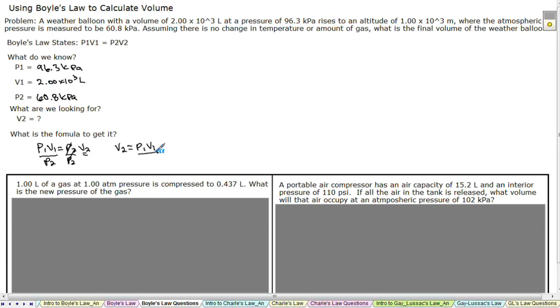So now let's develop our solution. And we'll plug in our values. Always make sure we put our units in.